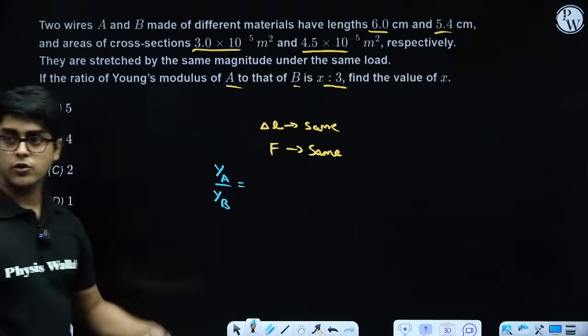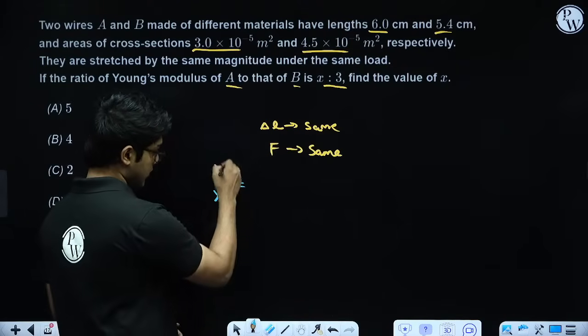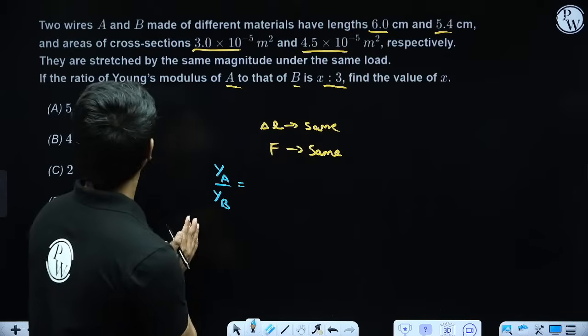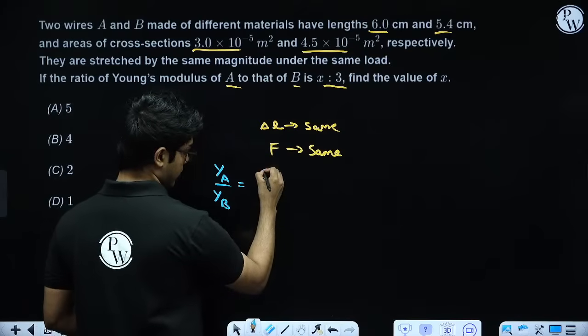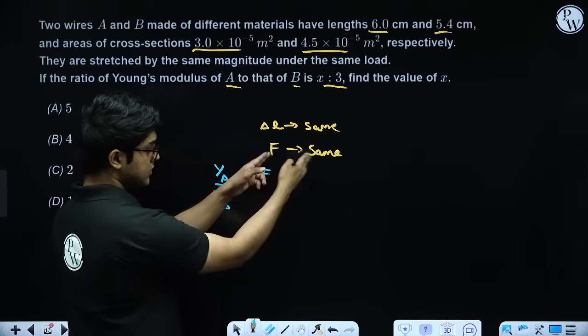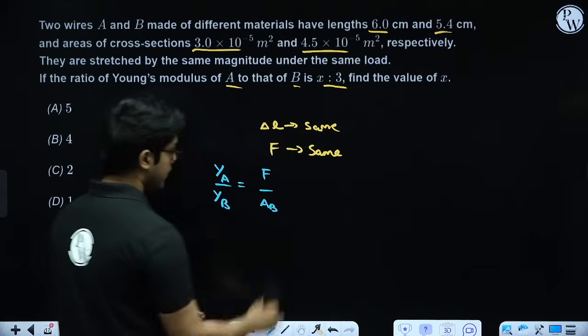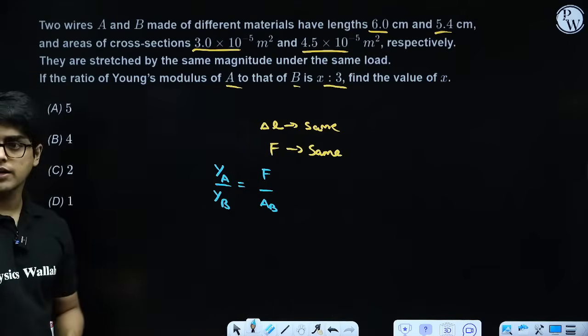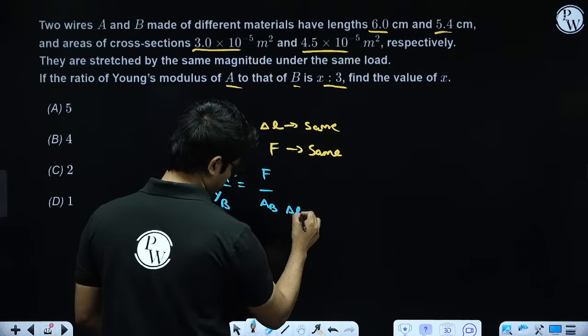Yeah, so the Young's modulus ratio would be the stress by strain, right? So the stress acting on, let's say these are basically cylindrical rods, okay? So the stress would be the force, which is the same, divided by the area of cross section A. Then we have to divide it with the strain acting on the rod A, okay? So that will be delta L divided by LA.